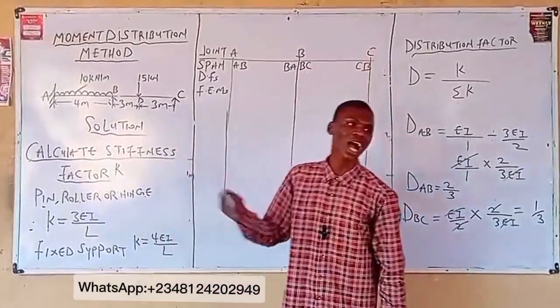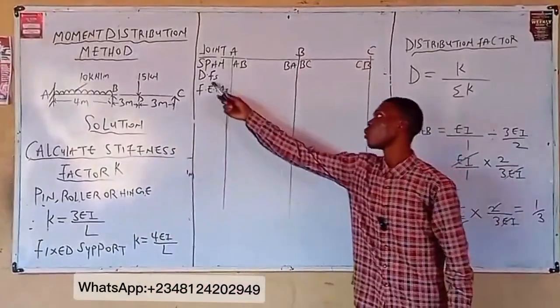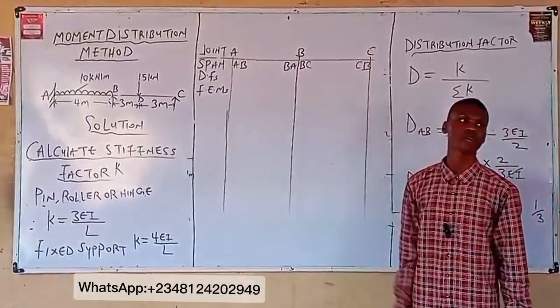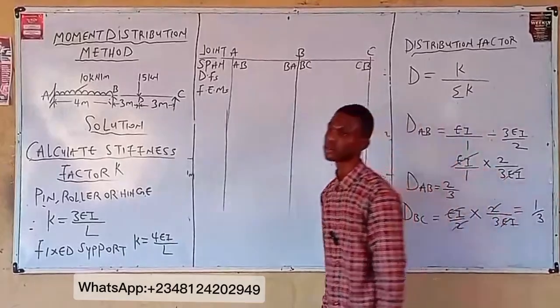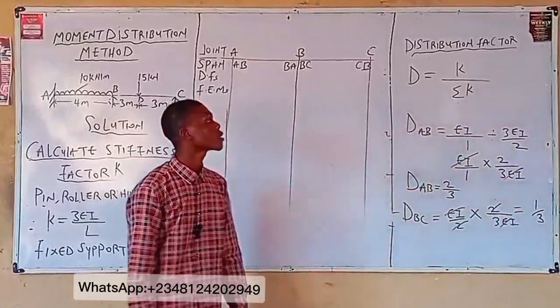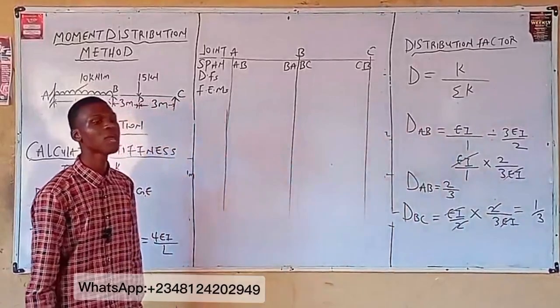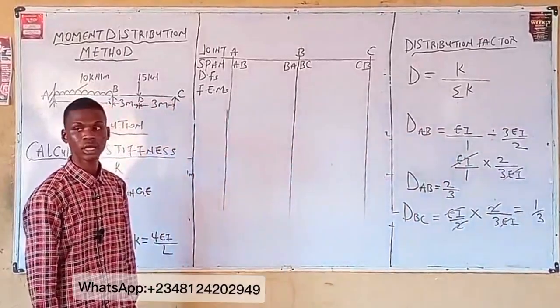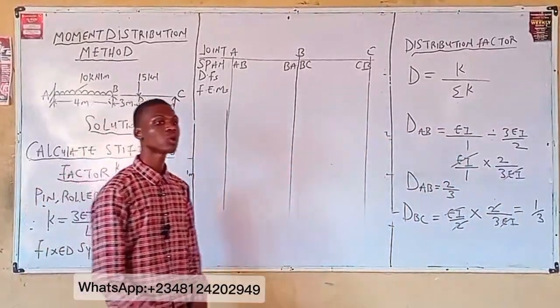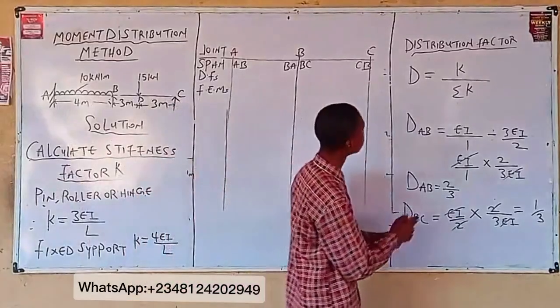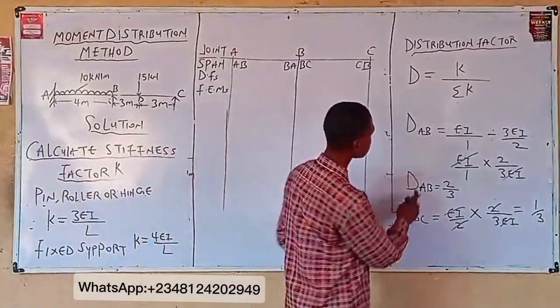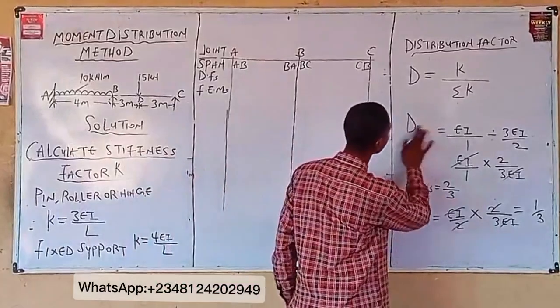Now, go back to what we've solved. Check. What are these distribution factors that we've calculated for each span? AB, so right here. Is it AB or BA? It's actually BA.